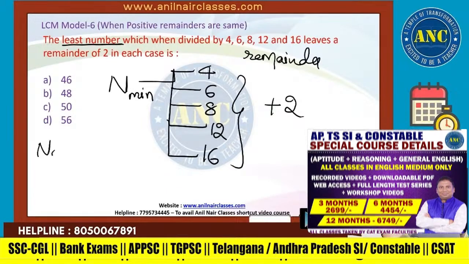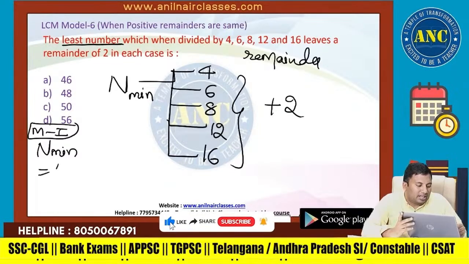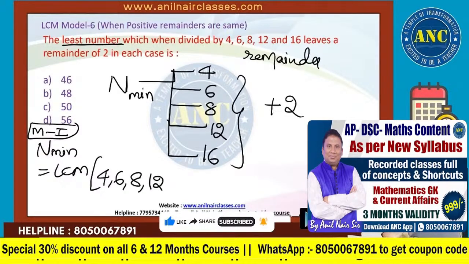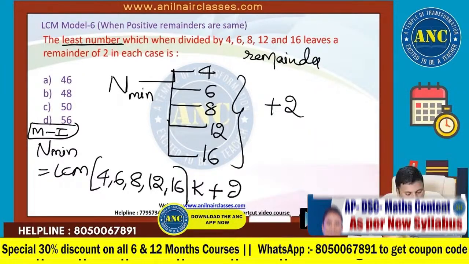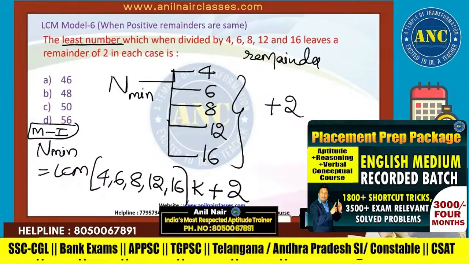What is the number? That is method 1. The number divisible by all the given numbers is the LCM of 4, 6, 8, 12, 16 into quotient plus a remainder. Am I right? So you will find that value.